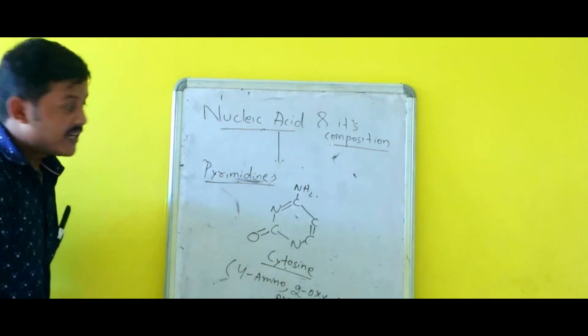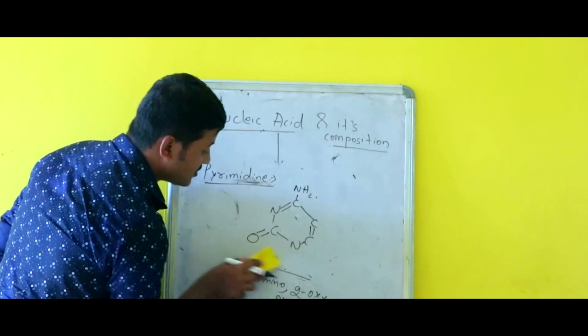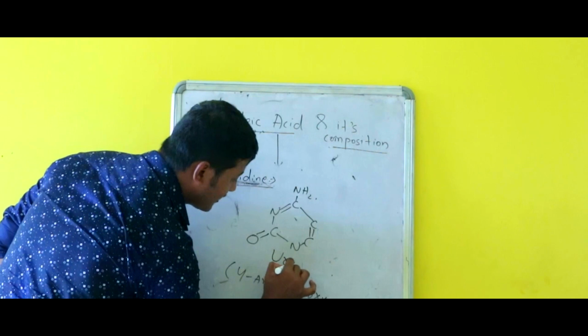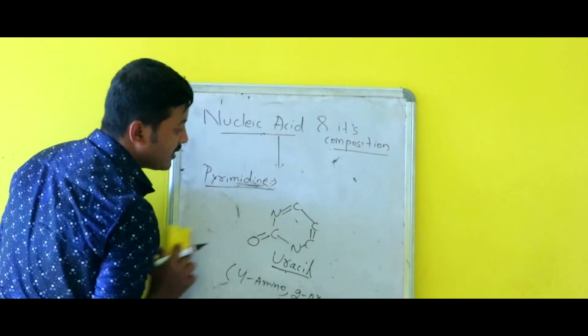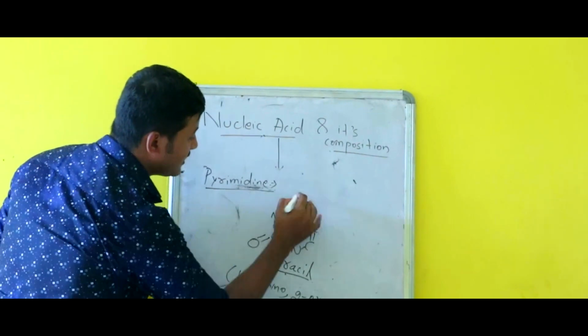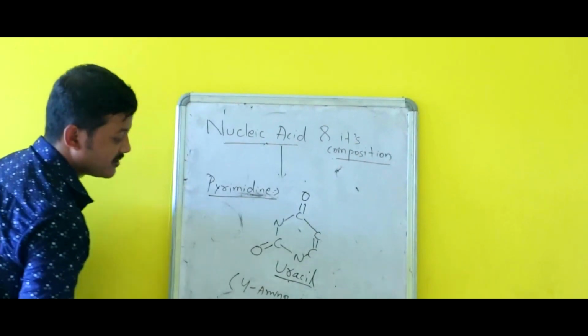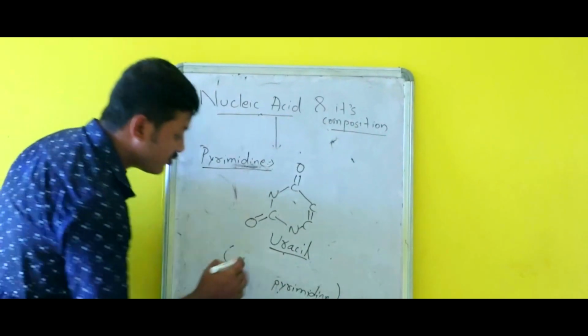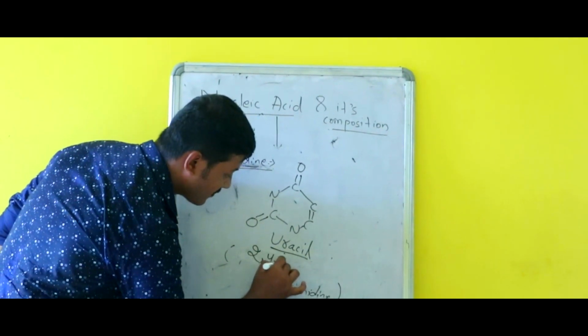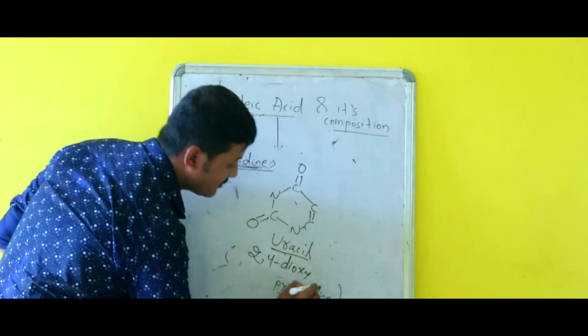Then comes the next pyrimidine, that is your uracil. In uracil, a carbonyl group is present at the C4 position as well. That's why it is called 2,4-dioxypyrimidine.